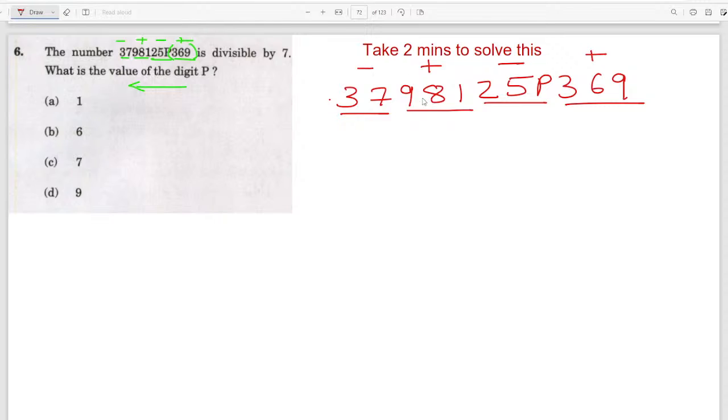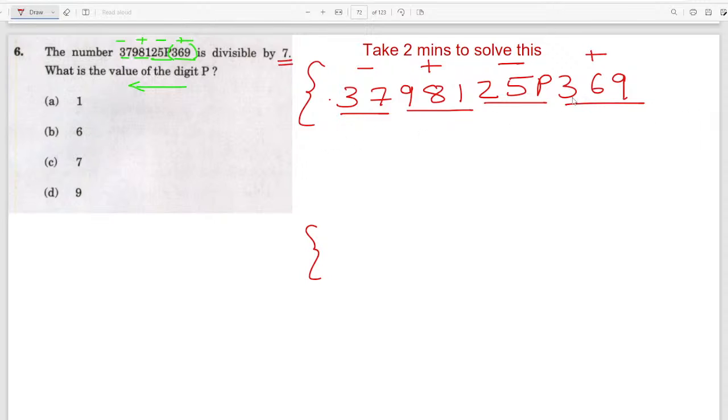This is the rule. You have to take plus and minus alternately, and then we have to add these numbers. And then whatever the final number you have, if that number is divisible by 7, then this whole number would be divisible by 7. So in this question, they are saying that this number is already divisible by 7. So when you calculate the final number, that number should be divisible by 7. So if that is divisible by 7, what is the value of P?